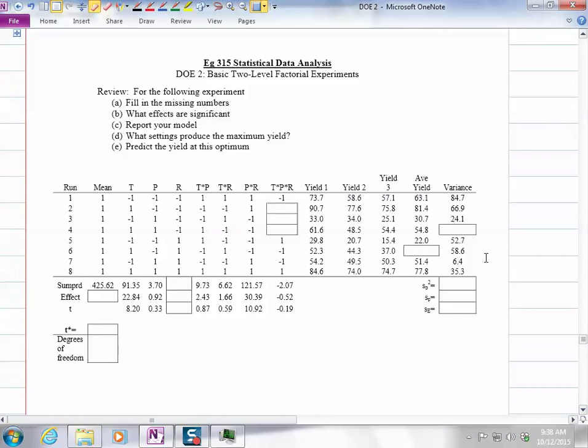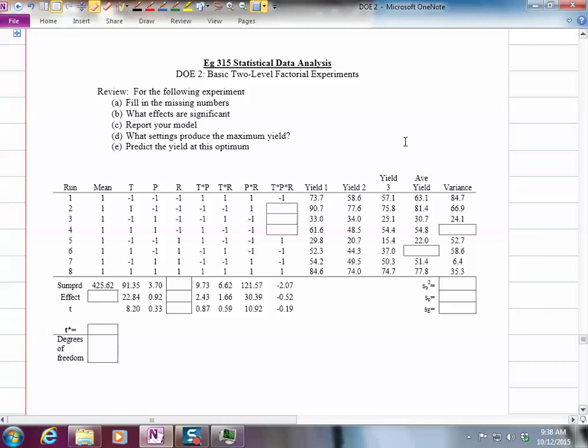All right, let's do this group problem. That's to wrap up most things that we did. I'm going to add another part.